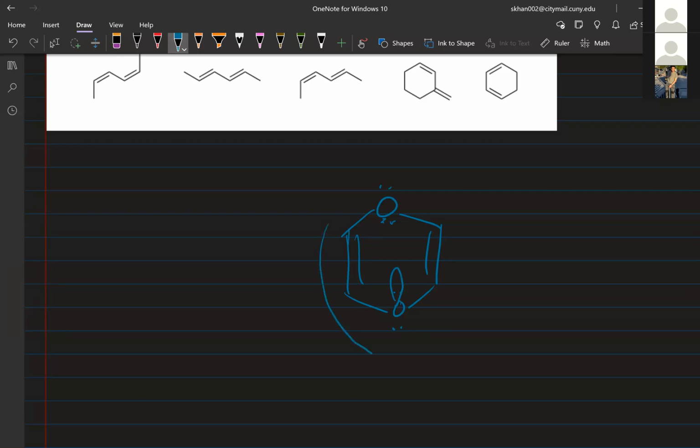Because I always look at pi bonds and p orbitals as a tunnel system. So you have this tunnel that electrons can move through. When that tunnel is limited to only 2 sections in the molecule, essentially you have a gathering of electron density here and here. That would make this kind of high energy because electrons are localized at those carbons.